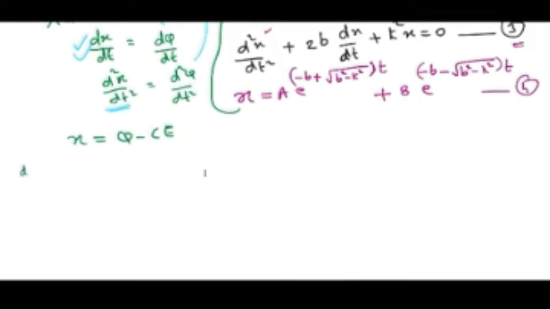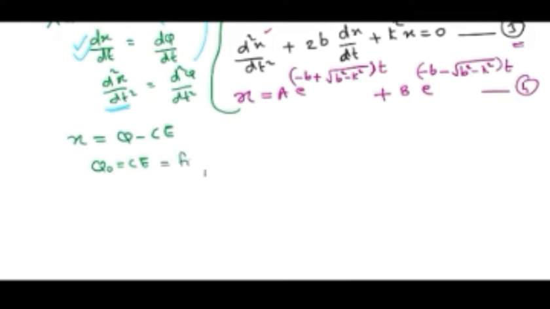That is, the charge on the capacitor will become q naught, so when the capacitor is fully charged, q will become q naught, that will be q naught can be written as CE. This is how q naught is the final steady charge on the capacitor.